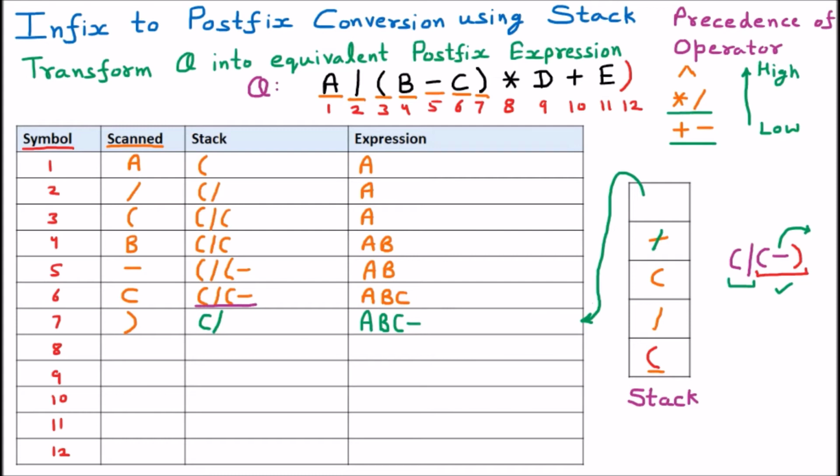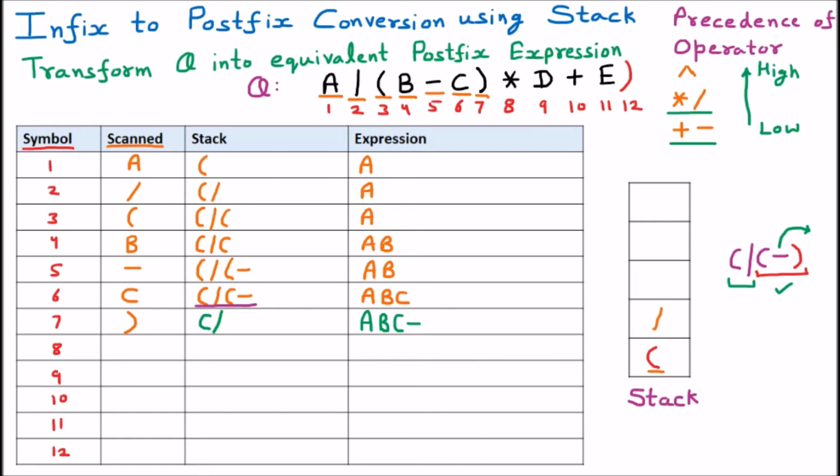Then take out the next element, which is starting bracket, and this starting bracket is cancelled with the scanned element. So that means in the stack we are left with the two entries, one is slash and one is bracket. So that is the answer I have given you with the shortcut. So in the stack we are having only two elements now: starting bracket and slash.